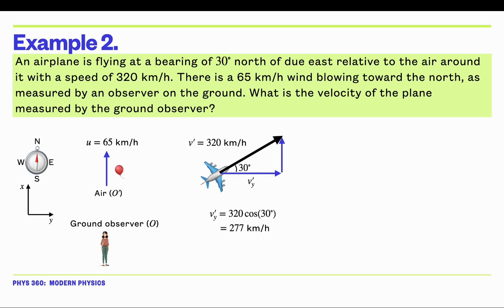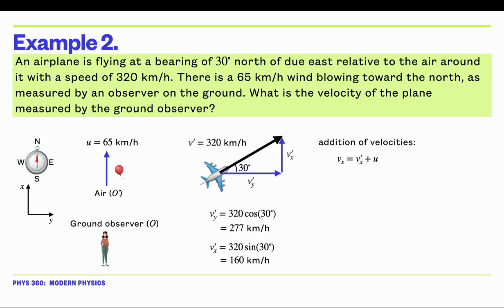We could figure out the components. Again, it's a little bit funny, the y component is now horizontal. So to figure out the horizontal, east-west component, we do 320 times cosine 30 to get 277 kilometers per hour. In the north direction, Vx prime is going to be 160.